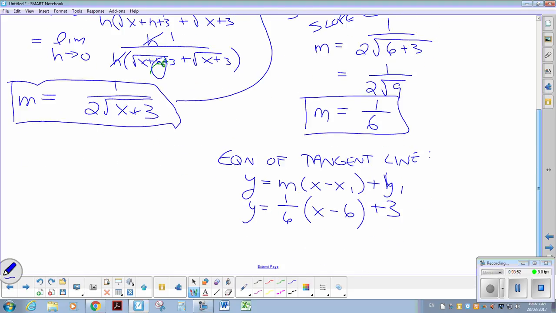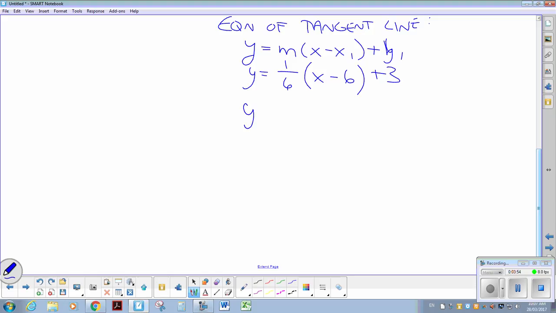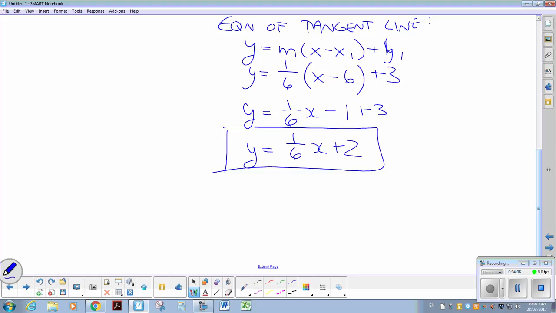And now I just need to simplify that. So y equals 1/6 x minus 1 plus 3, or 1/6 x plus 2. So that again is the equation of the tangent line at 6, 3.